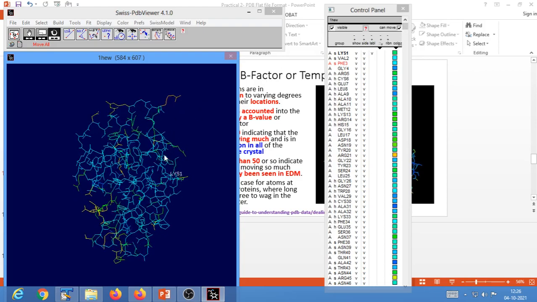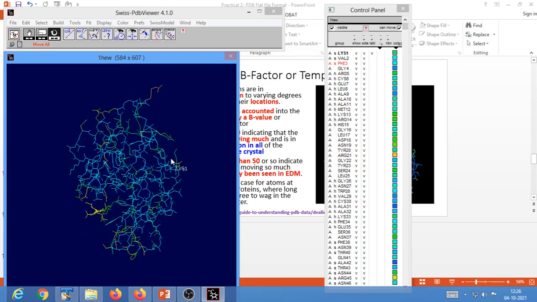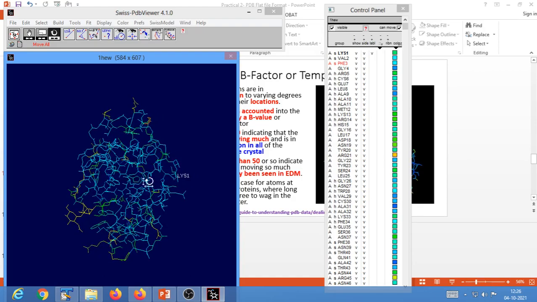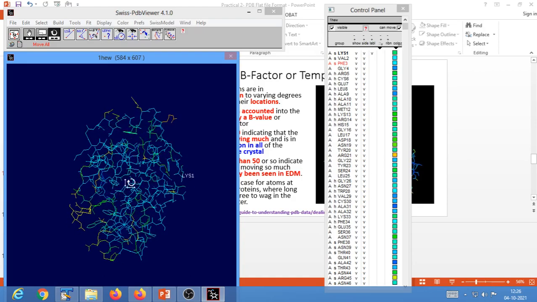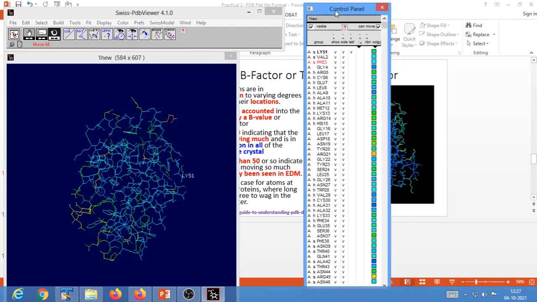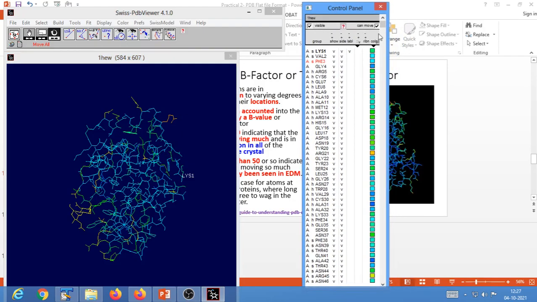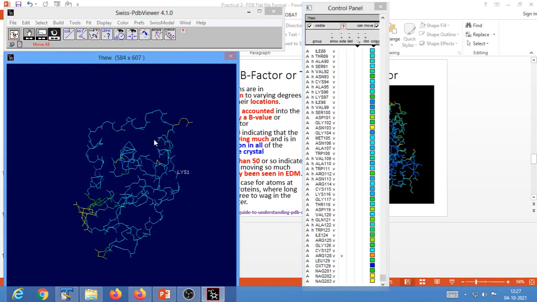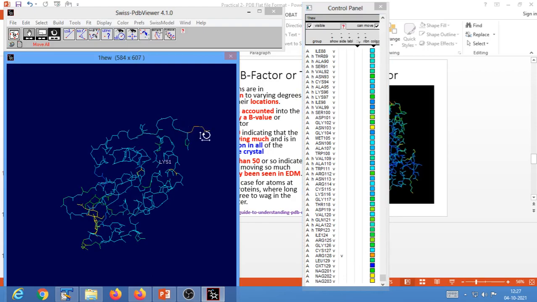Okay, so now as you can see, the atoms that are present in the core of the protein are in the shade of blue, while the atoms that are present on the surface of your protein are moving towards the shade of red. Okay, and the same is reflected over here in your control panel. Okay, so now this arginine 128 appears to have one of the highest B factors.